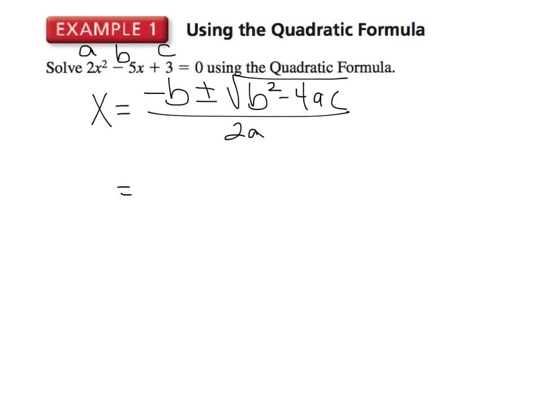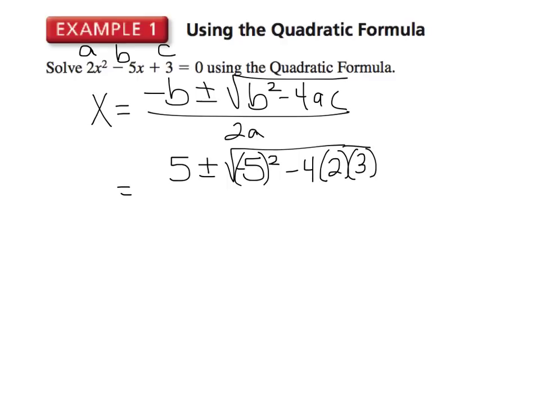Negative b, well b is negative 5, so it would be 5, plus or minus the square root of b squared, make sure negative 5 is in parentheses, minus 4 multiplied by a, multiplied by c, divided by 2 multiplied by a.